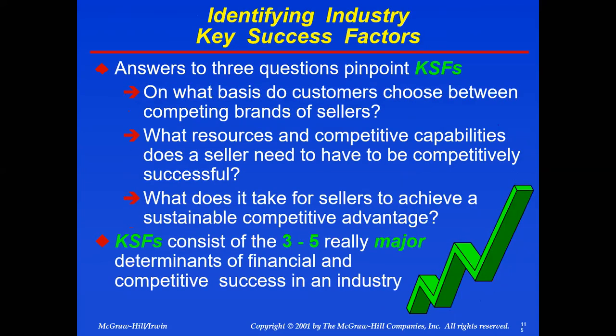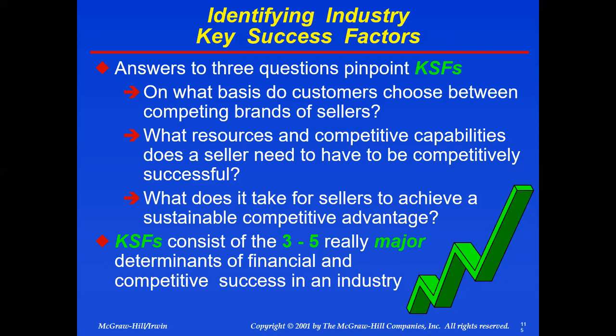Now, how to identify industry key success factors? It says that answers to 3 questions pinpoint KSFs, key success factors or critical success factors. And those 3 questions are, number 1, on what basis do customers choose between competing brands of sellers? The second question is, what resources and competitive capabilities does a seller need to have to be competitively successful?